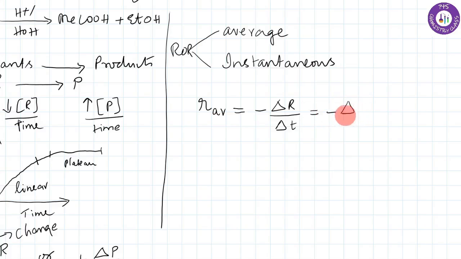Here it is minus for the reactant and plus for the product. Now this is called the average rate of a reaction.